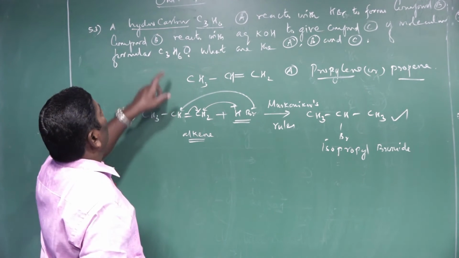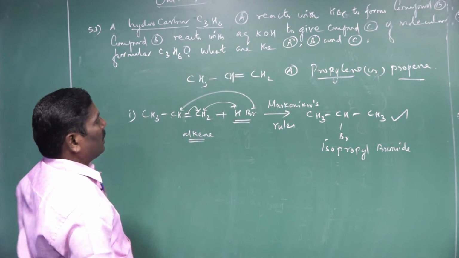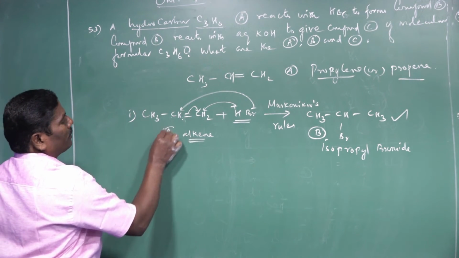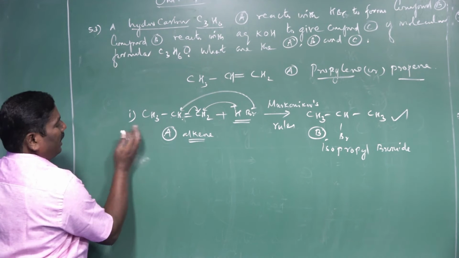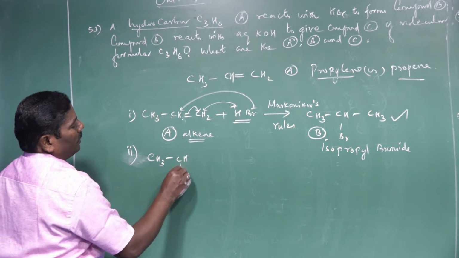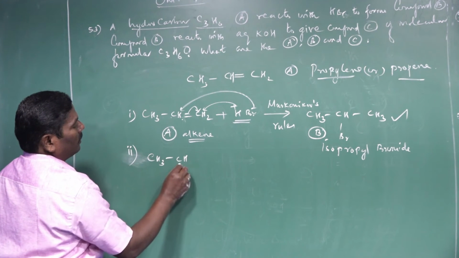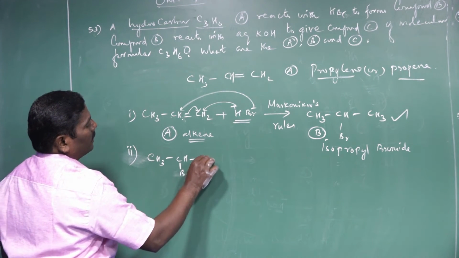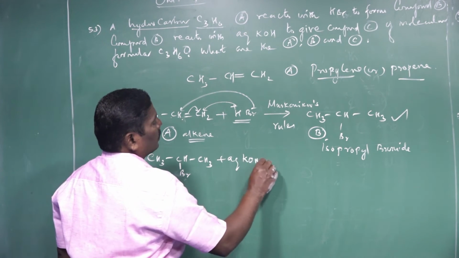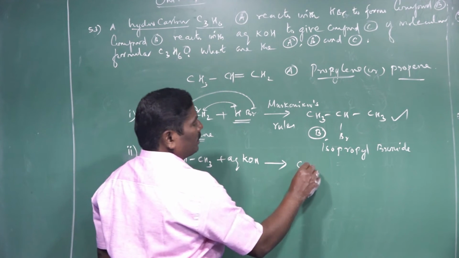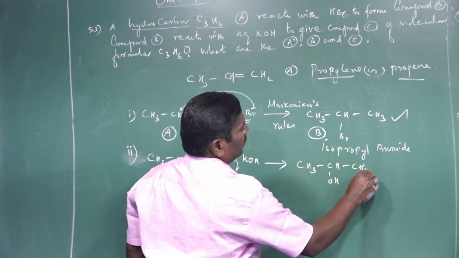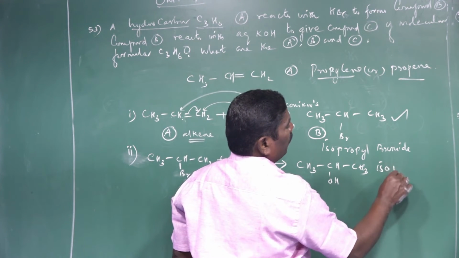Now we are going to see compound B reacting. This is called B, and this is called A. In the second equation, B, CH3CHBrCH3, reacts in the presence of aqueous KOH and gives the product CH3CHOHCH3, called isopropyl alcohol.